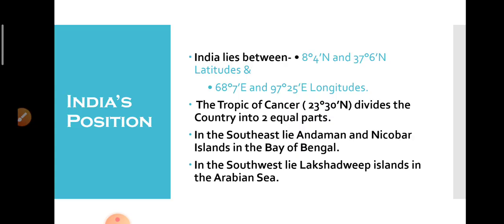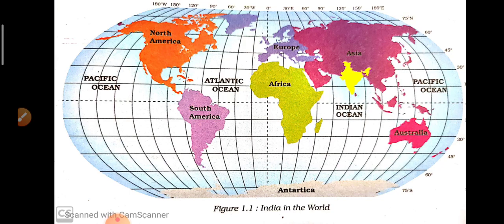These are some points to be noted about India's position. The first point says that India lies between the latitude 8°4' north and 37°6' north. We will try to understand this with the help of a globe again. This is the picture of the globe that was shown before.